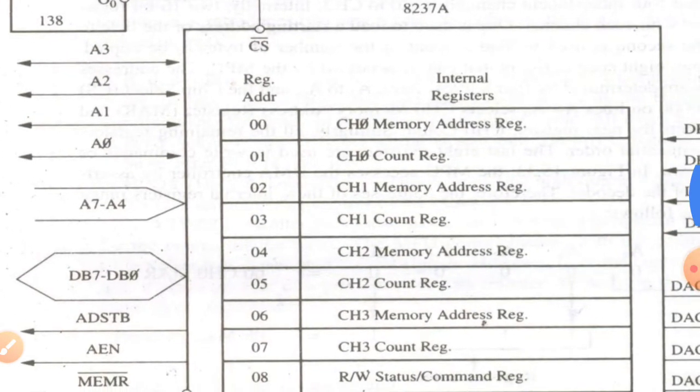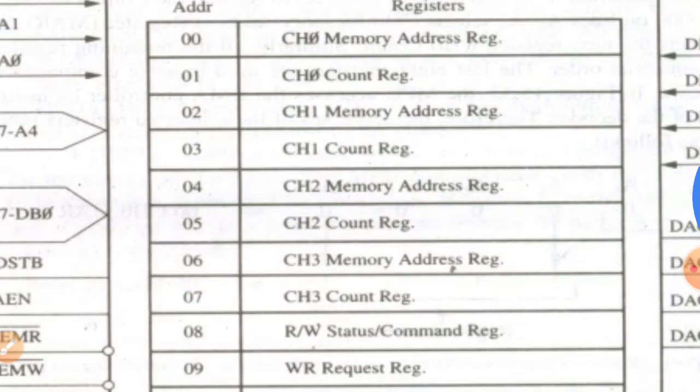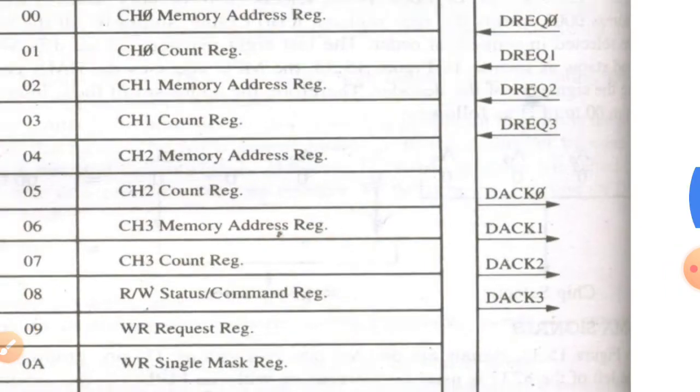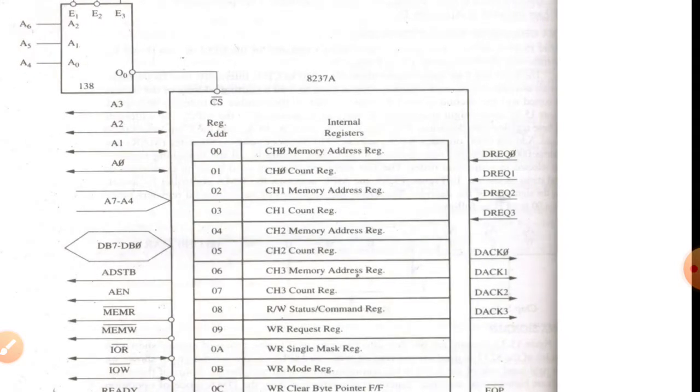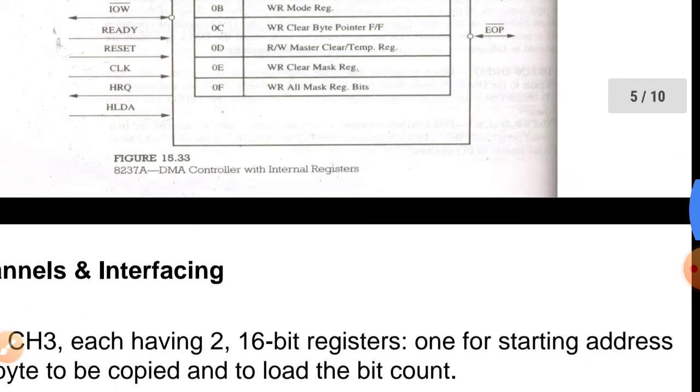Besides that, it has many memory registers, address registers, count registers, and there are certain control signals available on the right side of the block diagram as well as on the left side. So we will discuss in detail all these signals.